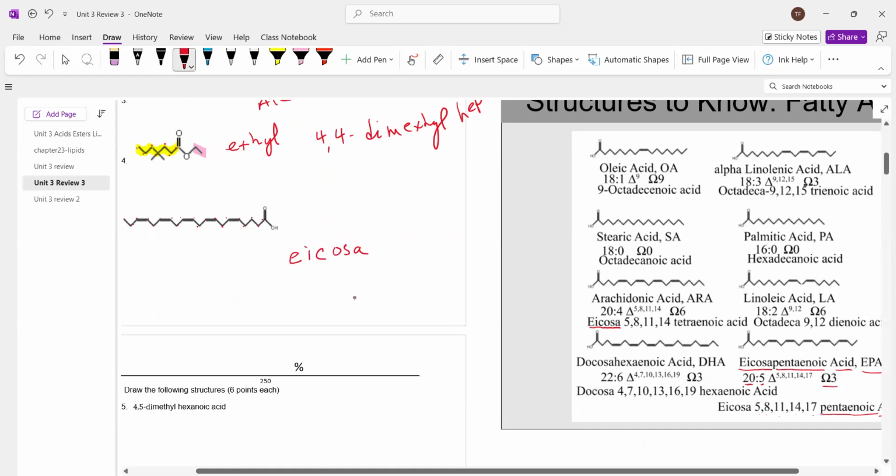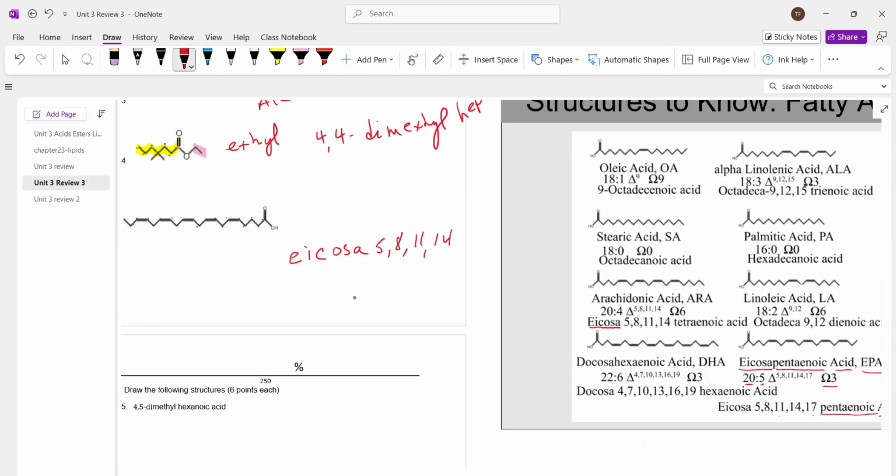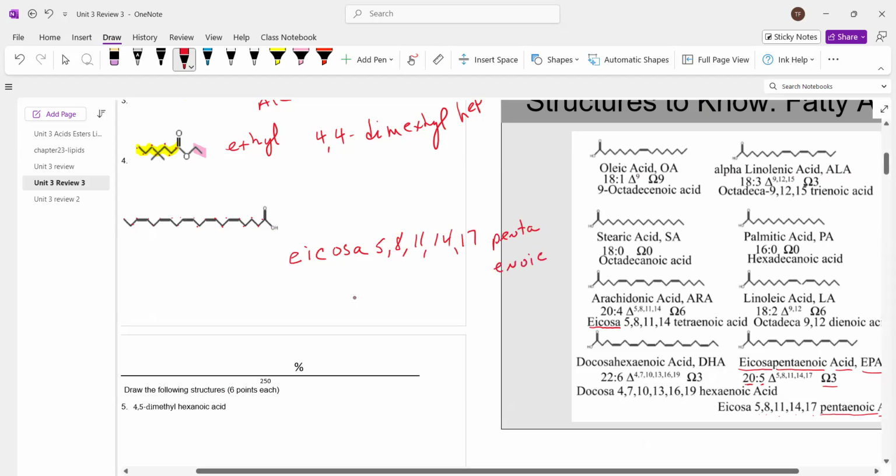And we have double bonds at positions 5, 8, 11, 14, and 17, and that's pentaenoic acid.